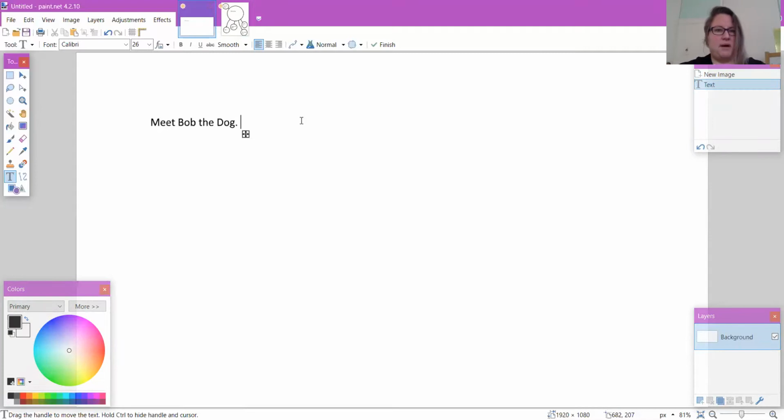All right. Meet Bob the dog. He is a very friendly and happy dog. His fur is, I said it was black and white, and he is very fluffy.